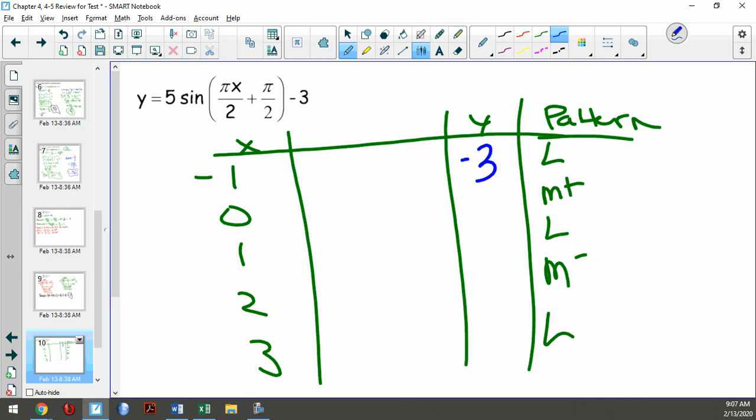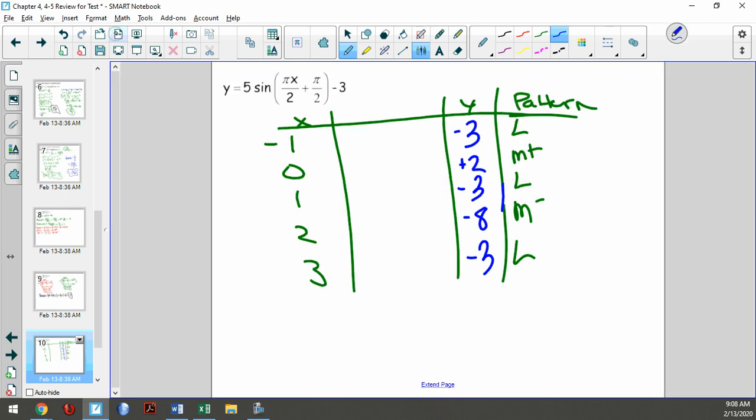Then down here, this is going to make me land on pi over 2. The sine of that is 1, times 5 is 5, minus 3 is positive 2, as my max. Then I come back here to my negative 3, then this is going to be my negative 8, and this is going to be my negative 3.